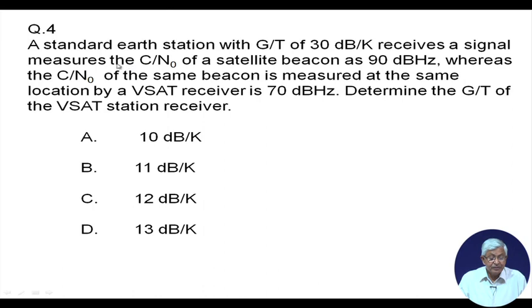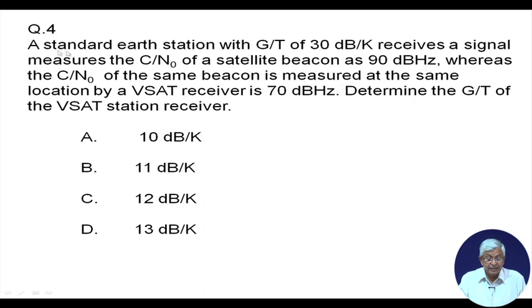Question 4 says a standard earth station with G by T of 30 dB per Kelvin receives a signal that measures C by N naught of a satellite beacon, and that measured value is 90 dB Hertz.